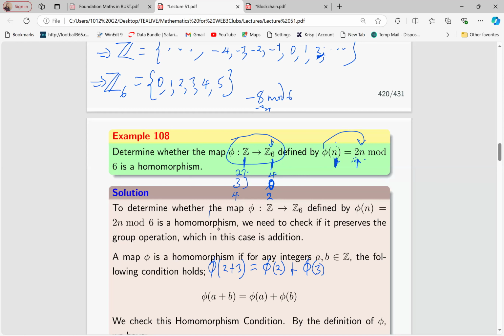You can even add and get 5, and then the image will be 10. Mod 6, that is supposed to be 4. But let's see, by this definition, phi of 2 plus 3 will be the same as 2 times (2 plus 3), which is 10, mod 6.